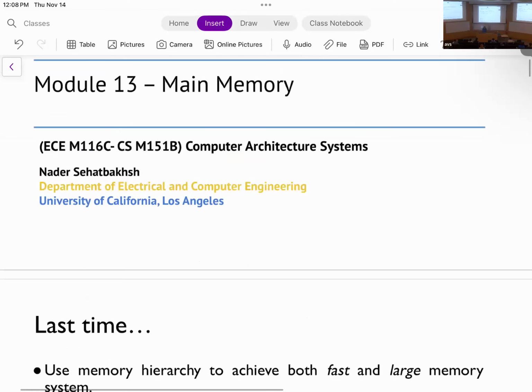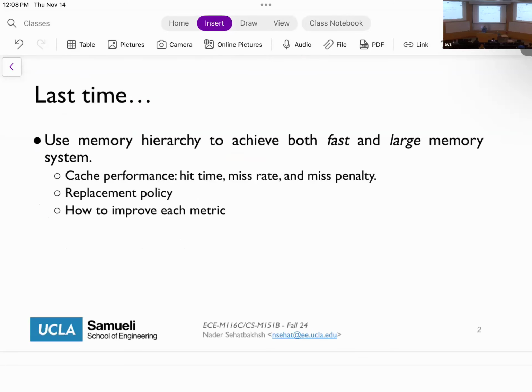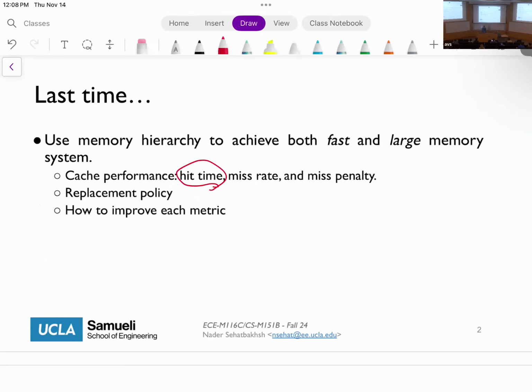Let's talk about main memory. Last time we talked about memory hierarchy, and we said that we want to have both fast and large memory, right? And we talked about caches as the main tool to achieve this. We talked about improving the performance of the cache, the structure of the cache. And we said that eventually the performance of a cache boils down to 3 important metrics: the hit time, the miss rate, and the miss penalty, right?